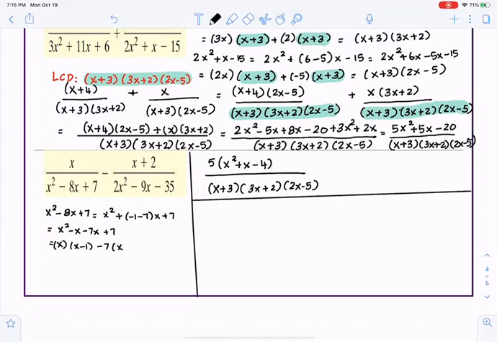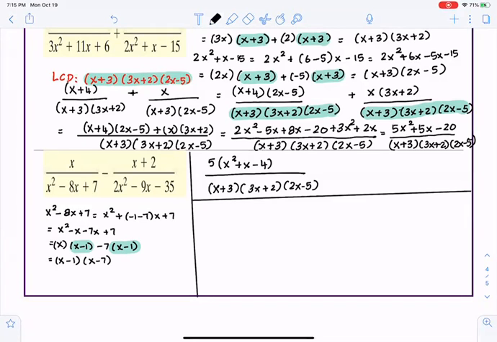If I pull that out, I have x minus 1. This way, I have x minus 1 in common. So if I pull that out, I have x minus 1 times x minus 7. So that is the factored form for the first denominator.